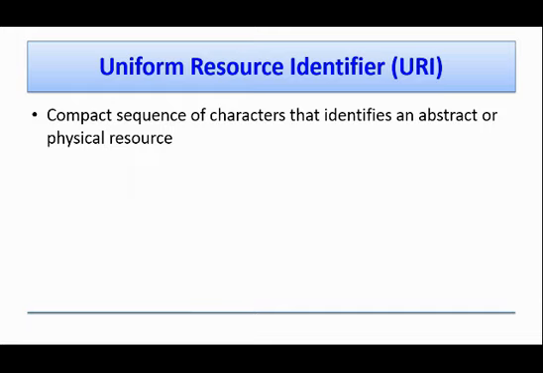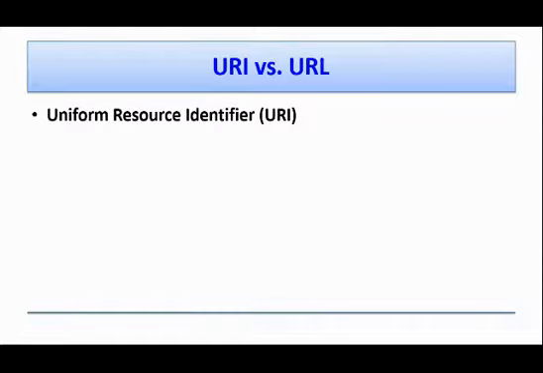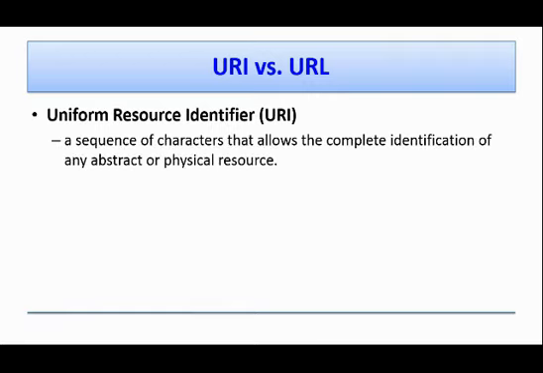By using your name, I can identify the student, but I can't uniquely identify, right? But I can identify who that student is. Name is also a URI. But using a URL, we can uniquely identify a web resource, right? So that is the difference between URI and URL.